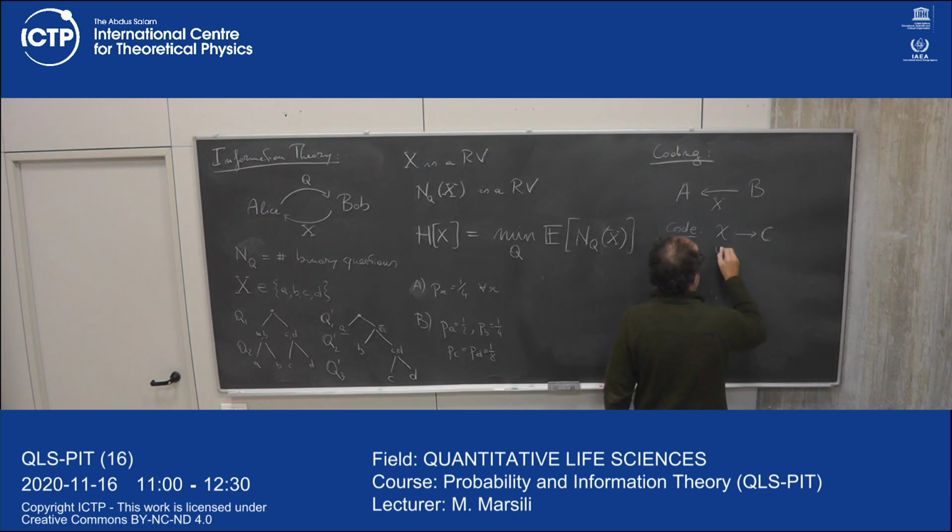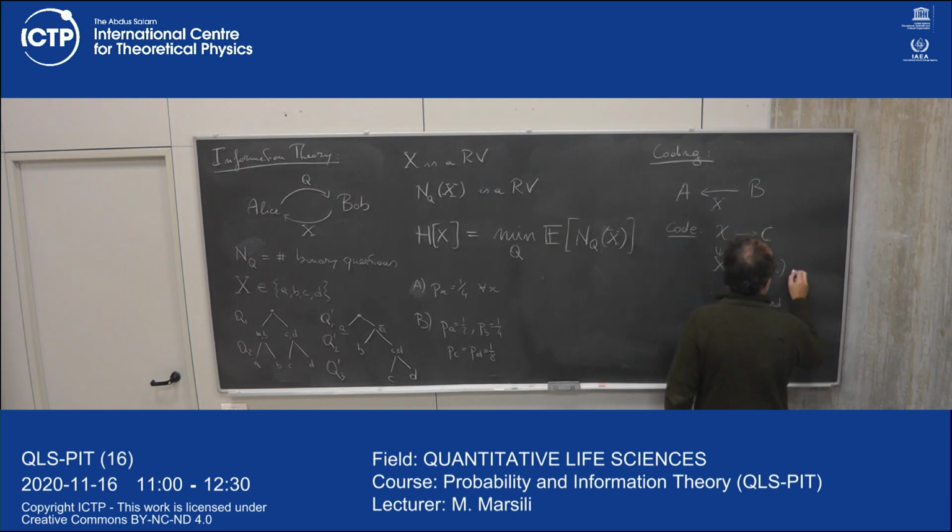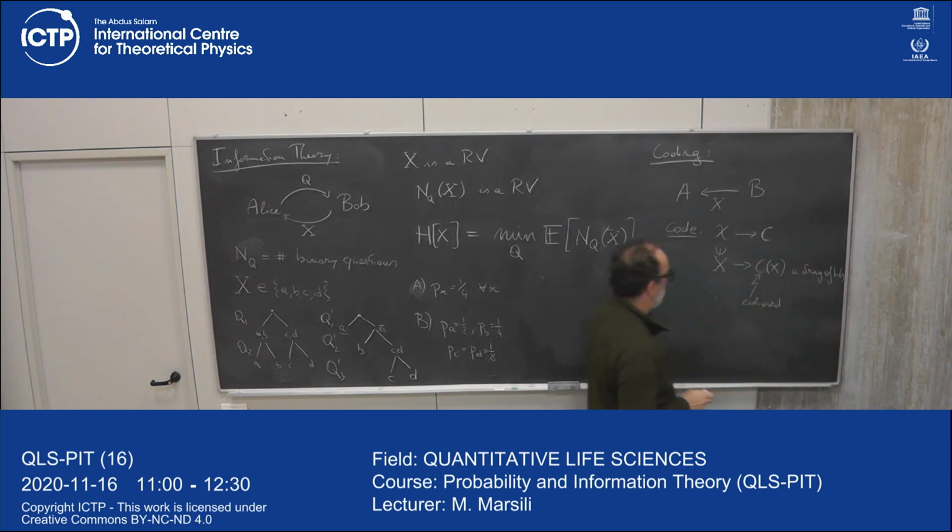So this set here is the set of strings of bits. So to each possible value of X, you have what is called a code word C of X, which is essentially a string of bits. Okay?